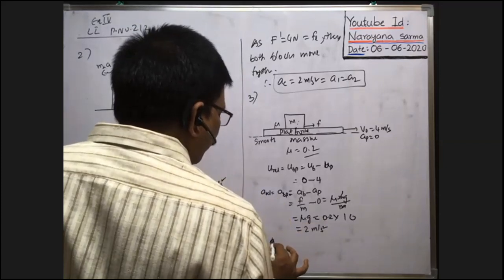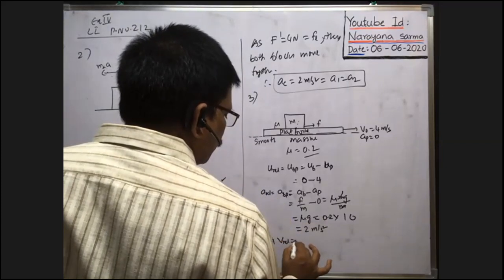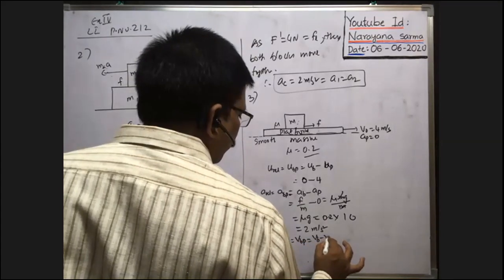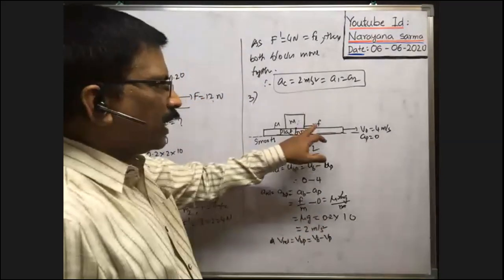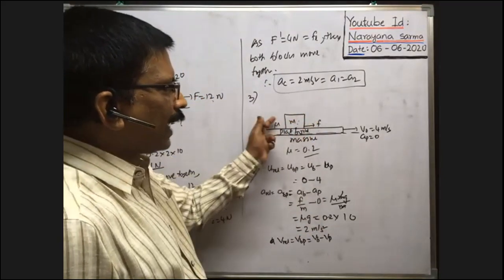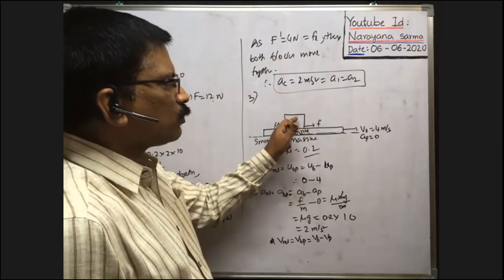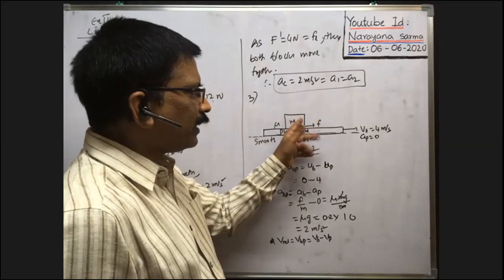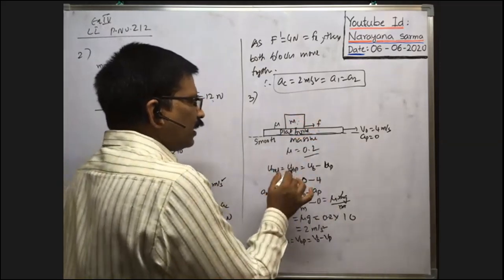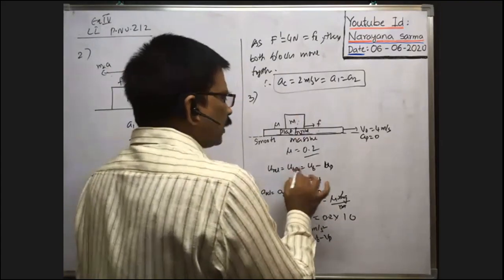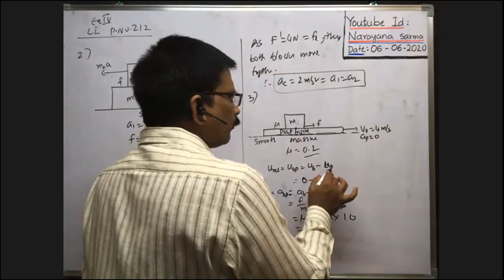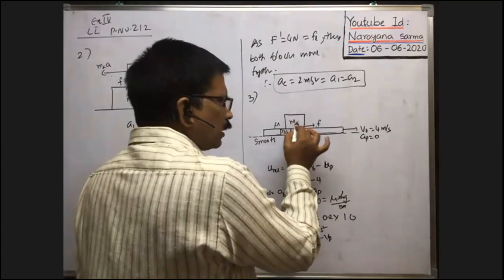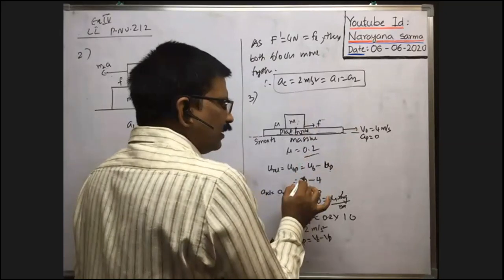Relative final velocity, v relative, is equal to the final velocity of the body with respect to the platform. That is equal to vp minus vb. Because of this friction, whenever this block accelerates over the platform, the velocity of this block gradually increases, so the relative velocity between the block and the platform gradually decreases. The initial relative velocity of the block with respect to the platform is ub minus up, no? Here up is constant, but whenever the friction force pulls the block in this direction, its velocity gradually increases from 0.